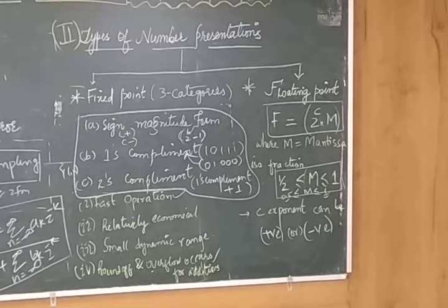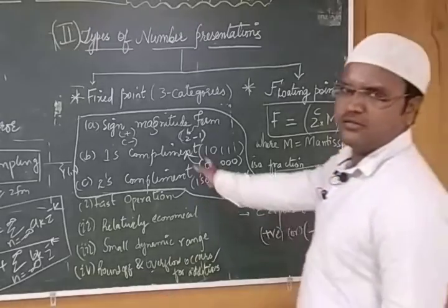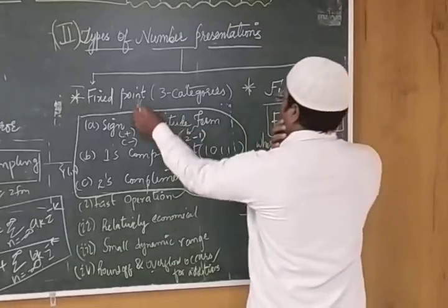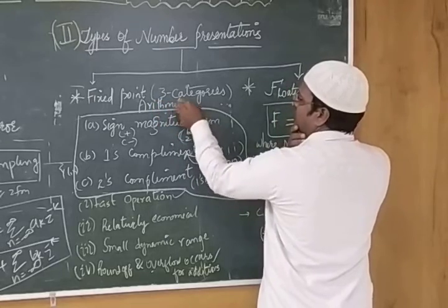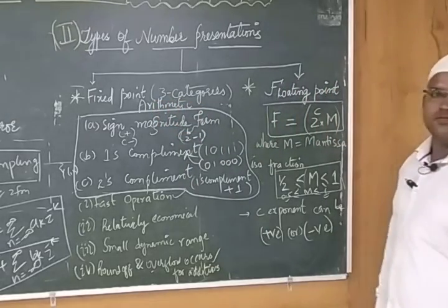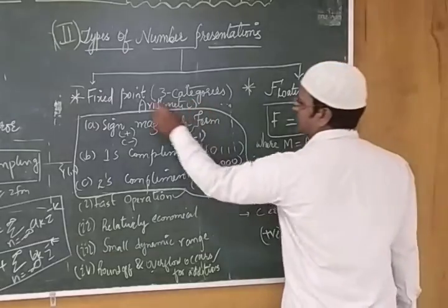Then we're done with our concept of finite word length. So go through this and make the difference between these two categories. Fixed point arithmetic you can write here and make the points for it. Arithmetic means adding, subtracting, multiplying, modulus, division; all come under arithmetic operations.